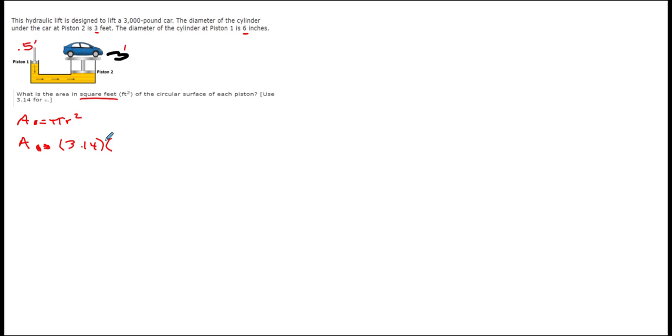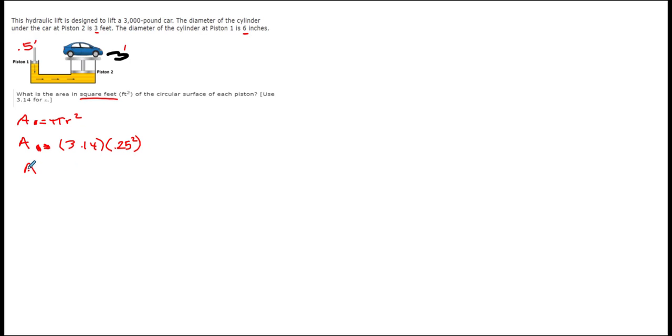And for the radius, I'm going to put 0.25 because 6 inches is half a foot, 0.5 feet. That's the diameter, however. I need the radius, so the radius is half of that, which would be 0.25 feet, right? It would be 3 inches, and 3 inches is 1/4 of a foot. So it's going to be 0.25 squared.